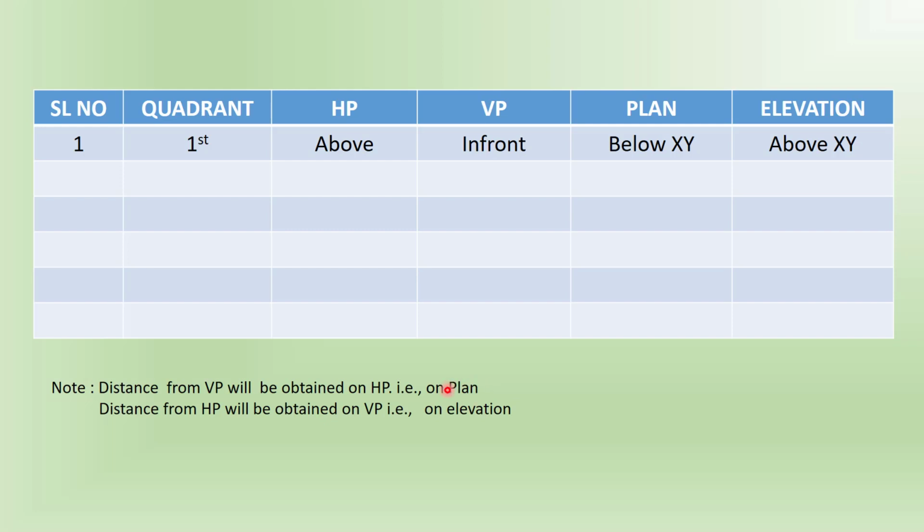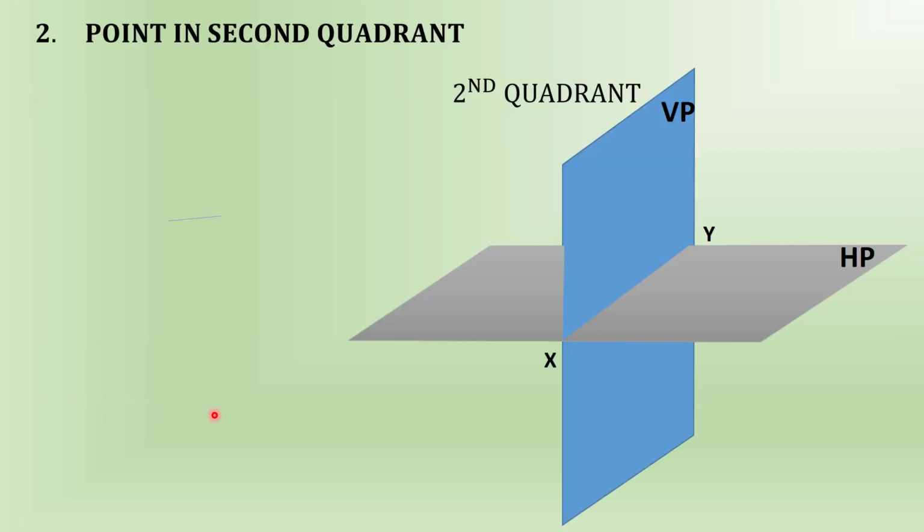The distance measured on the plan will be the distance from VP. Similarly, the distance from HP will be obtained on the vertical plane, that is on elevation. The distance of elevation will be the distance from the horizontal plane. Clear?